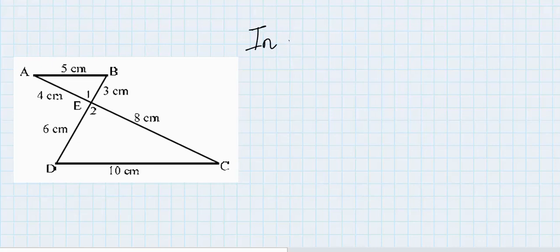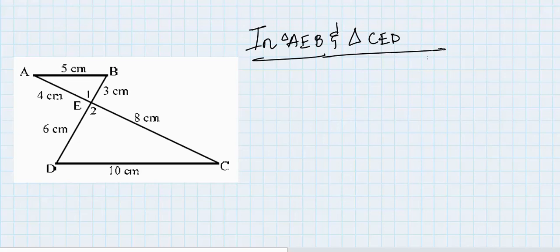In triangle AEB, and triangle CED, I want to prove that the two triangles are similar. So now, for me to prove similarity, I don't have sides that are equal.